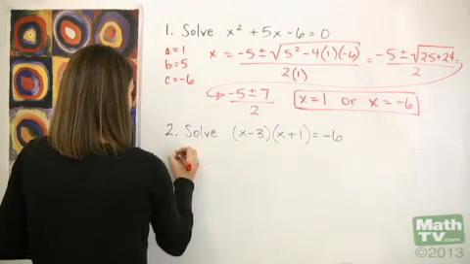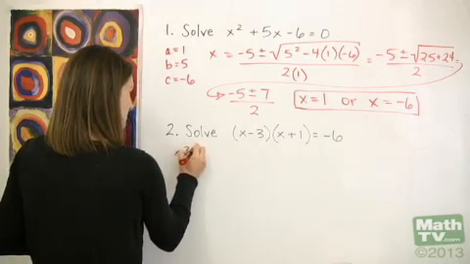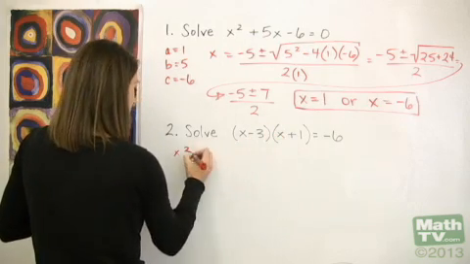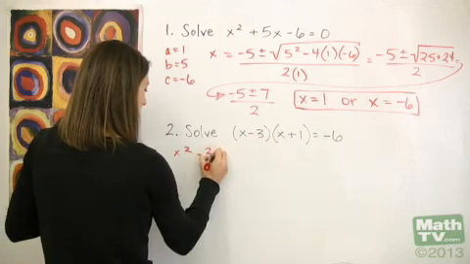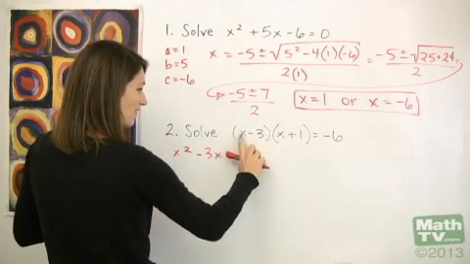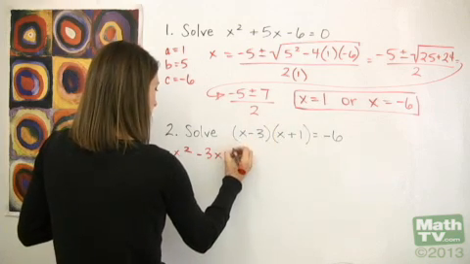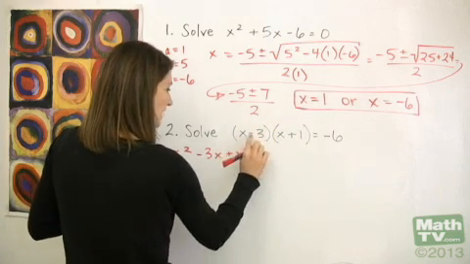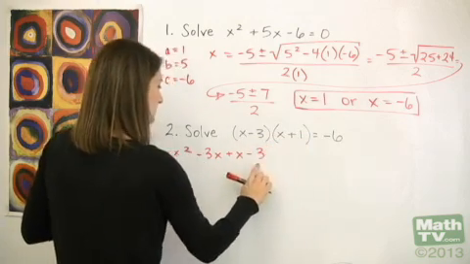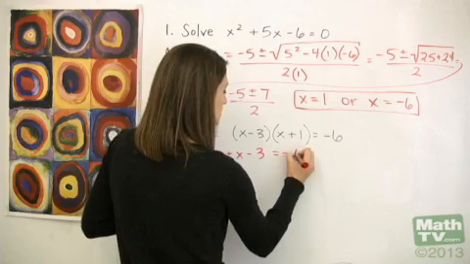We have x times x is x squared, then negative 3 times x is negative 3x, and then we go the other way, so we have x times 1, which is just x, and then negative 3 times 1 is negative 3. And that's all still equal to negative 6.